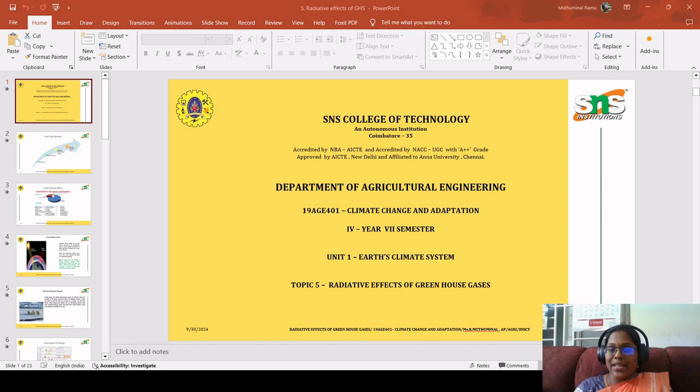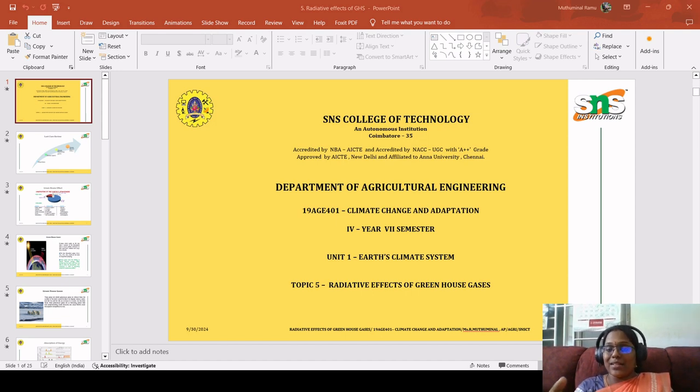Some visible solar radiation is reflected by the clouds. Some of the IR emitted by the earth is absorbed by gases in the troposphere, and some of the radiation escapes from the earth and cools it down, balancing the absorbed solar radiation.